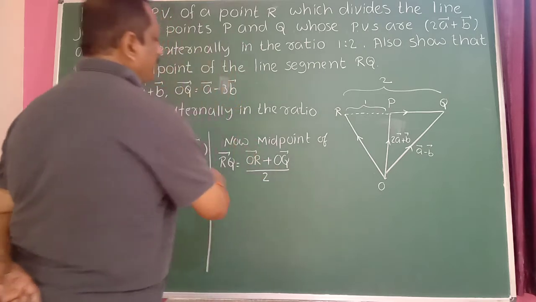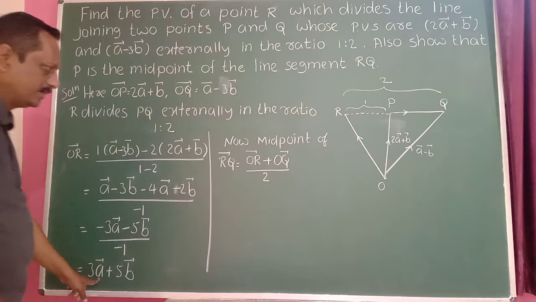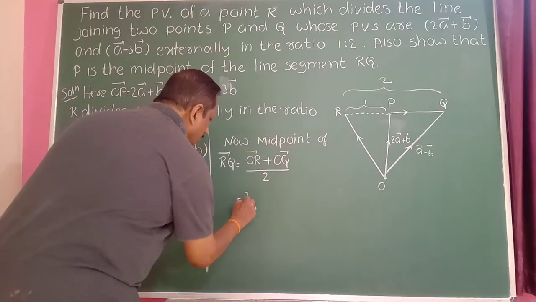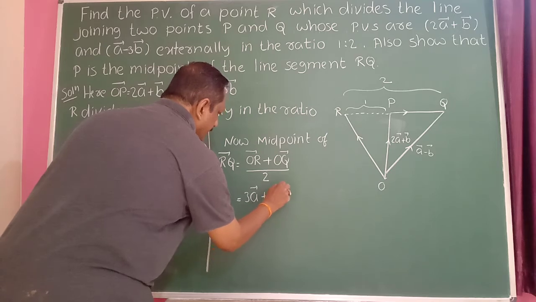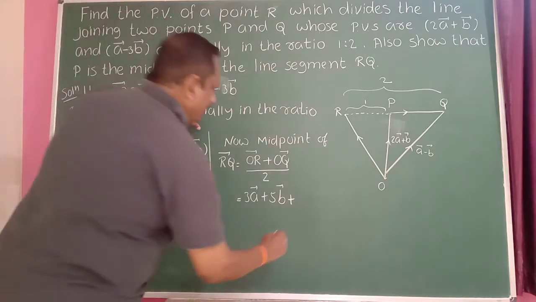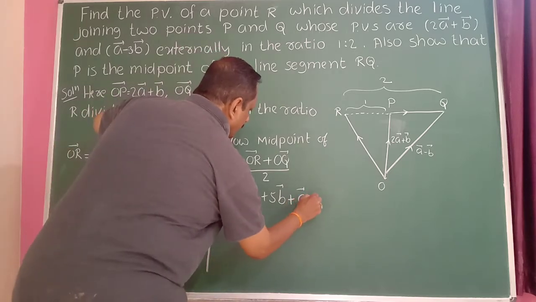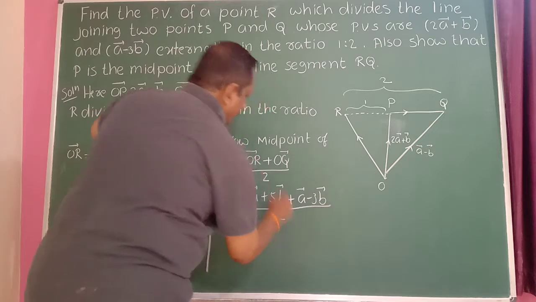This is the midpoint formula. So OR̅ is 3a̅ + 5b̅, plus OQ̅, which is a̅ − 3b̅, whole divided by 2.